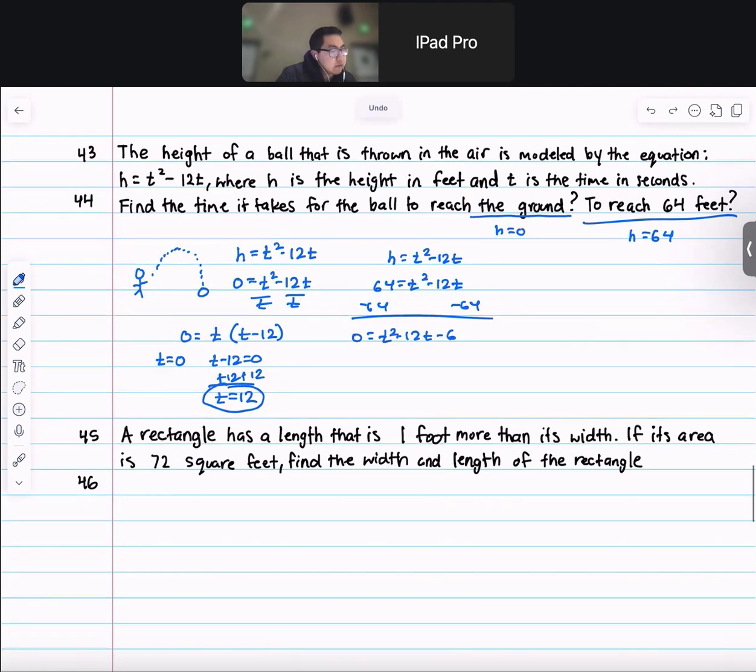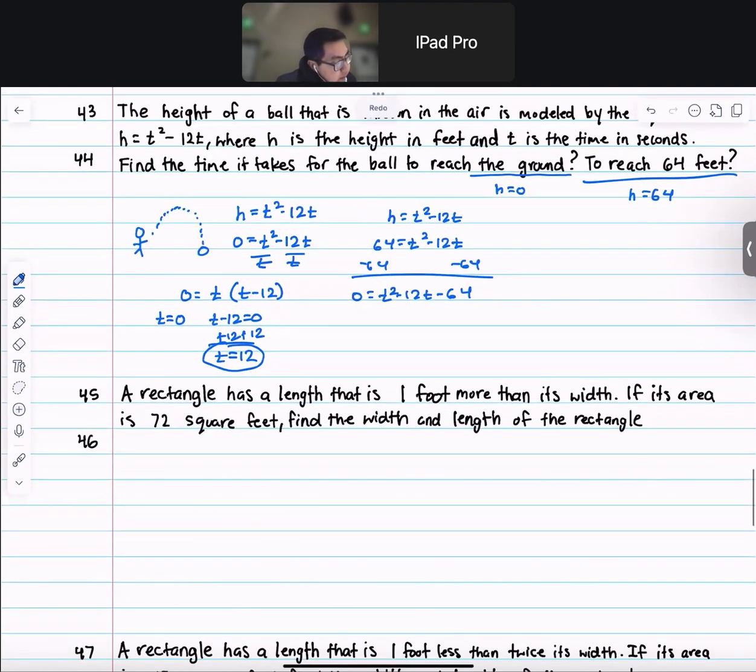Personally, I'd probably solve this, you guys, by factoring. So negative 64, minus 12. So the two numbers that multiply to negative 64, but when added give you negative 12. That's negative 16 and 4. We'll put these both over 1t.